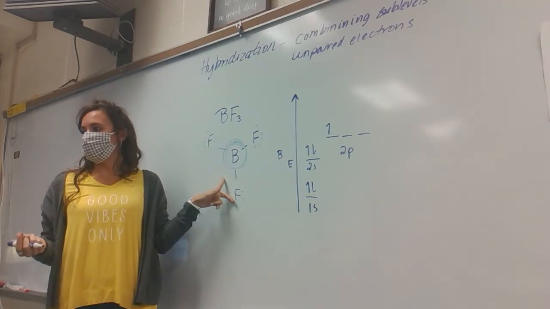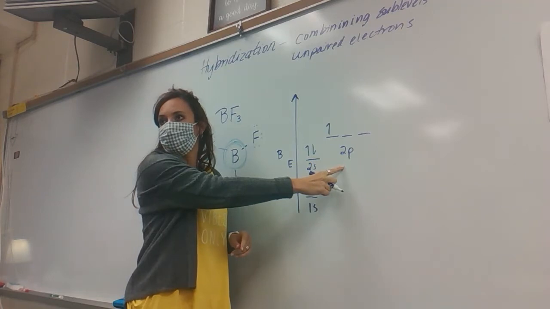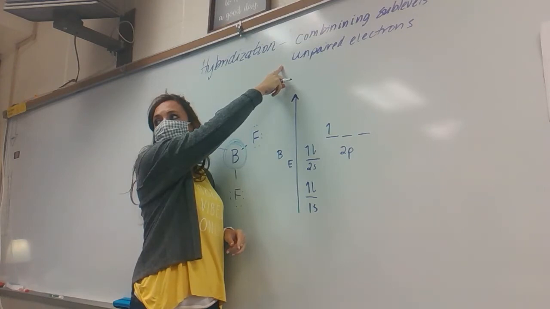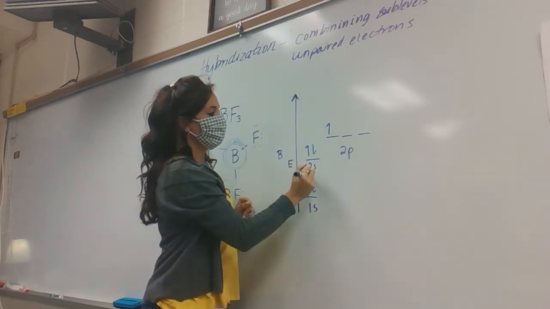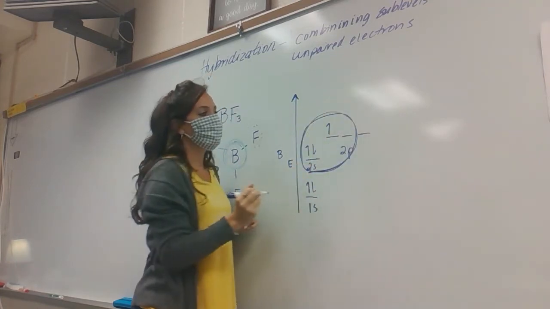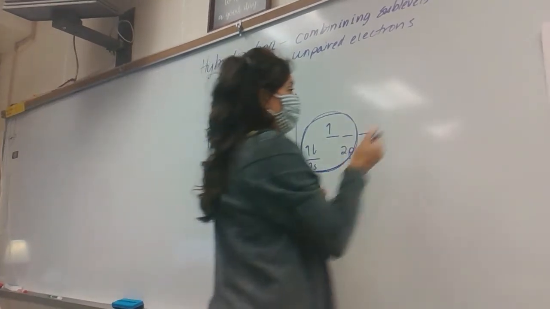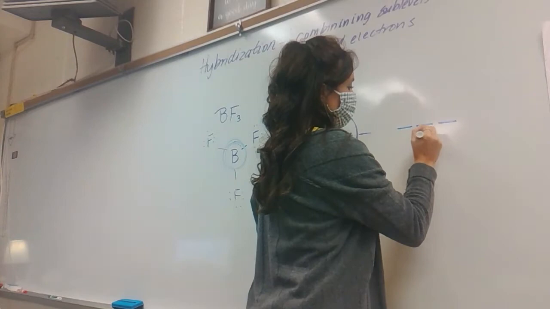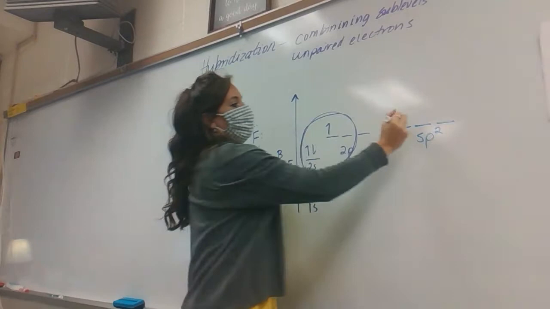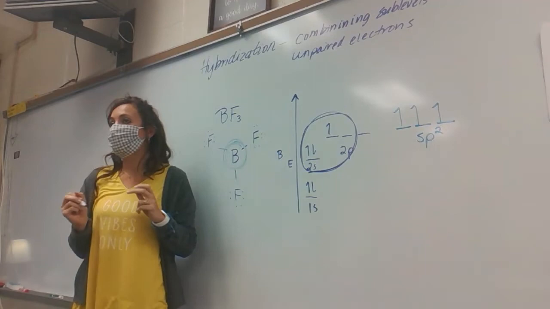What happens is boron's s and p sublevels hybridize their orbitals to make room for unpaired electrons. So if these 3 orbitals hybridize into a new sublevel called sp2, these 3 electrons can spread out and be alone, so they're able to bond.